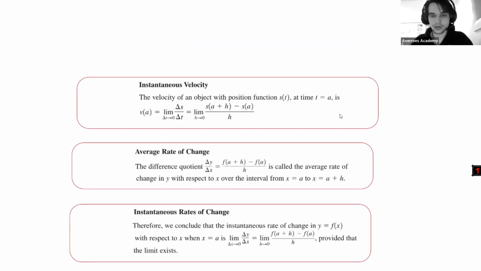So here are some more formulas that you can write down for yourself. Instantaneous velocity is a limit function. It's the instantaneous rate of change, as we discovered previously. Average rate of change is the difference between 2 points, and instantaneous rate of change is the limit at a specific point, the limit when we approach the difference between x1 and x2 to the minimum, to 0.